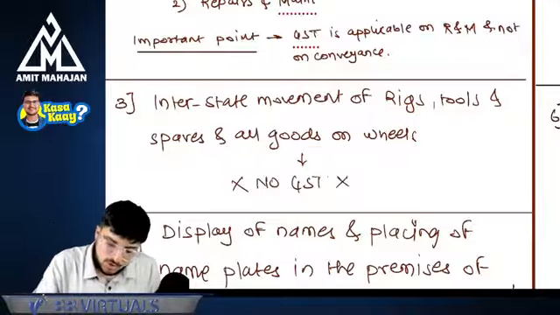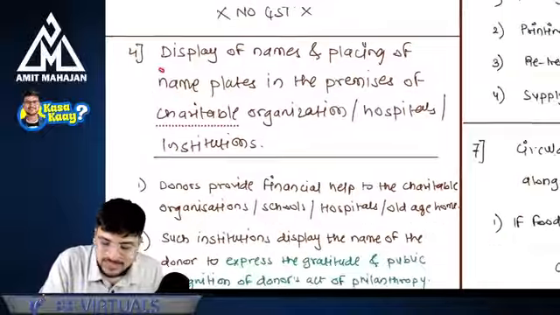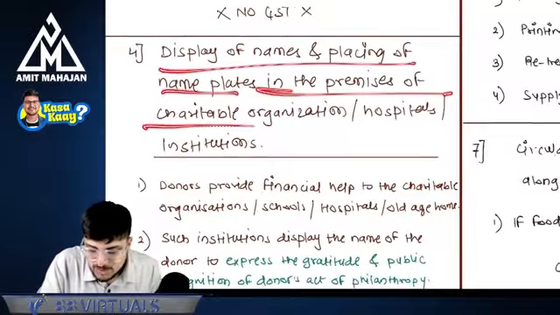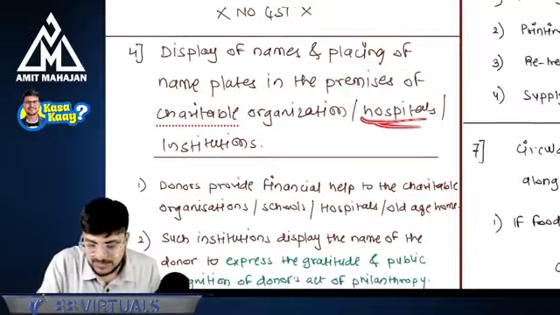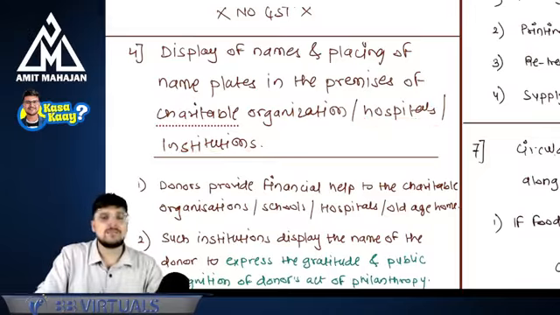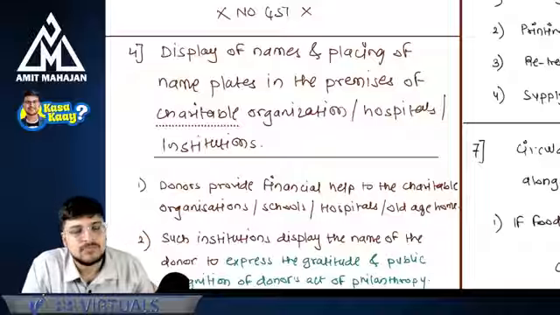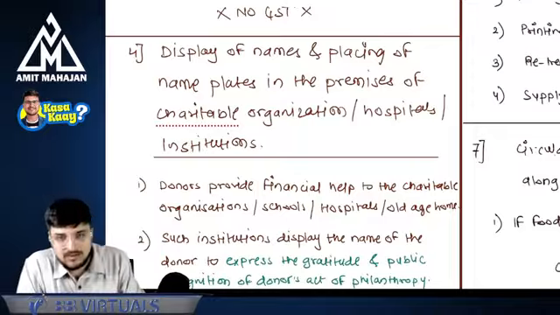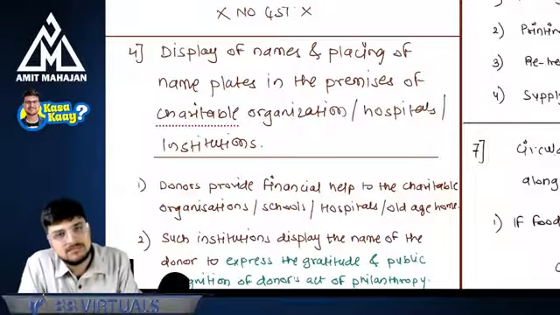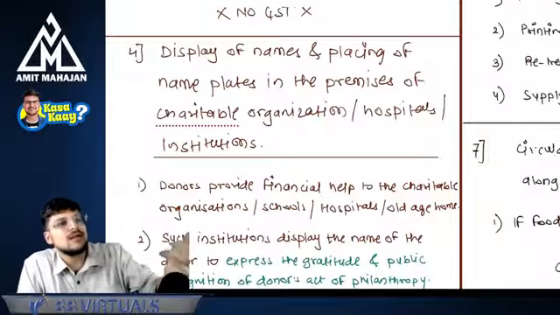This is the third. Fourth point is display of names and placing nameplates in the premises of charitable organizations, hospitals, and institutions. For example, I want to donate some 10 crore rupees to one temple. I go to Balaji temple, and I donate 10 crore rupees.